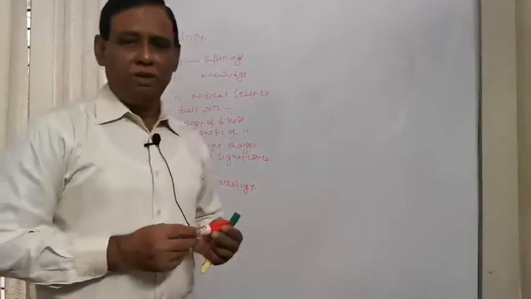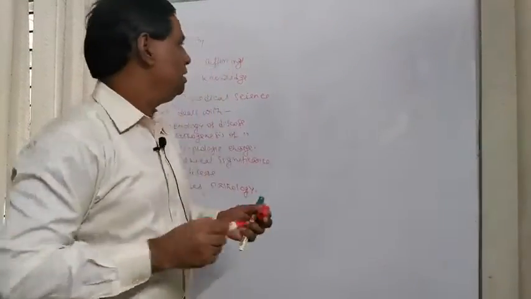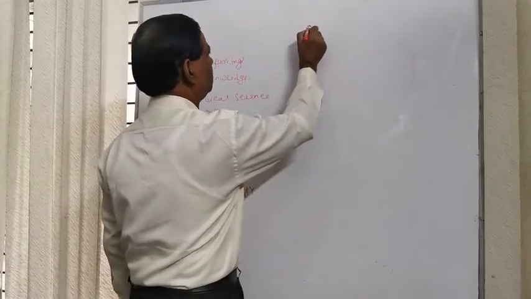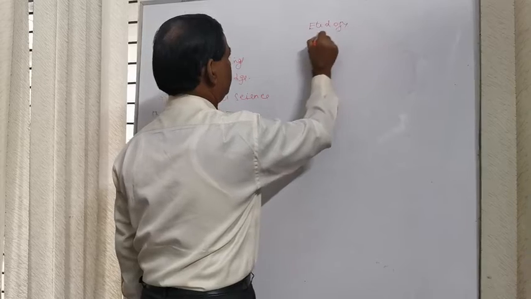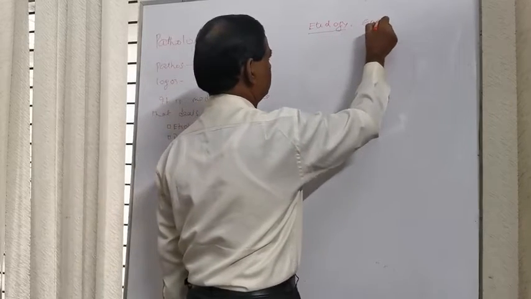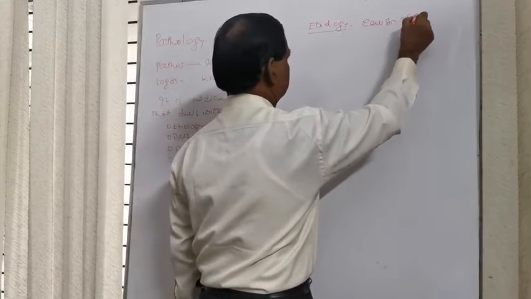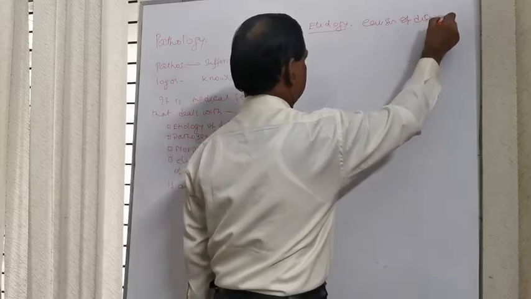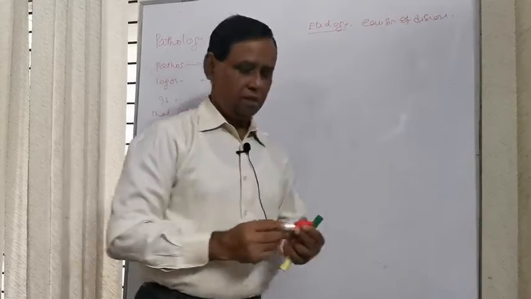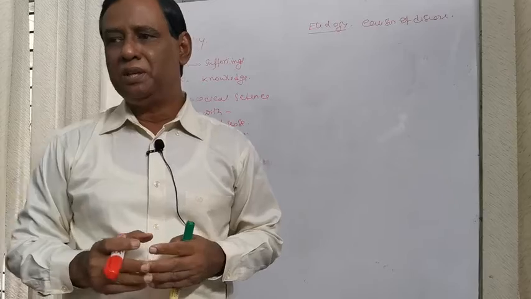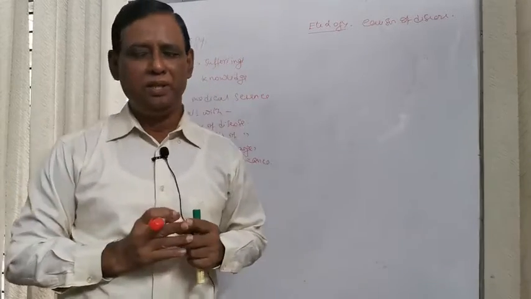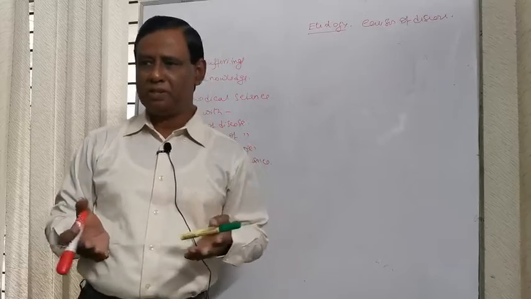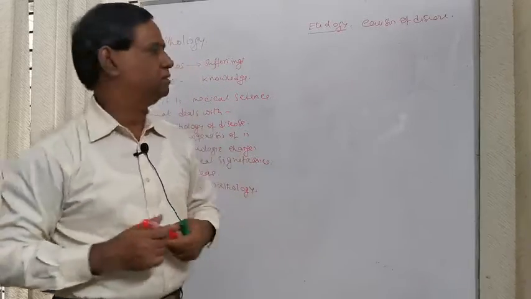We want to know what is etiology. You know, etiology means causes of disease. The causes of disease again is divided as two. One is intrinsic, that is genetic factors, and also acquired.